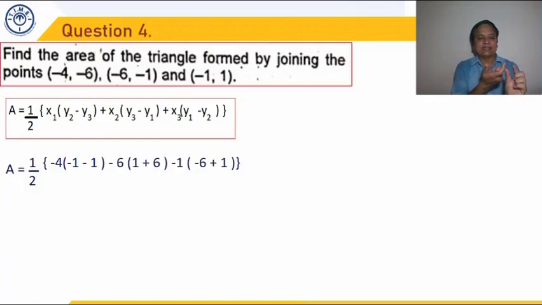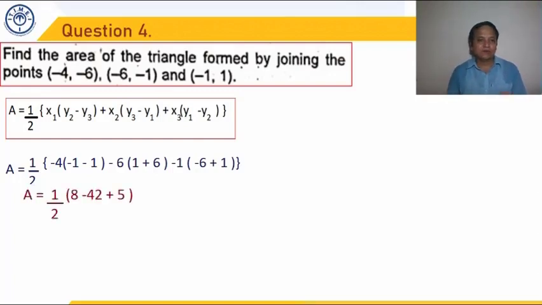X is outside, inside is the difference of y coordinates.